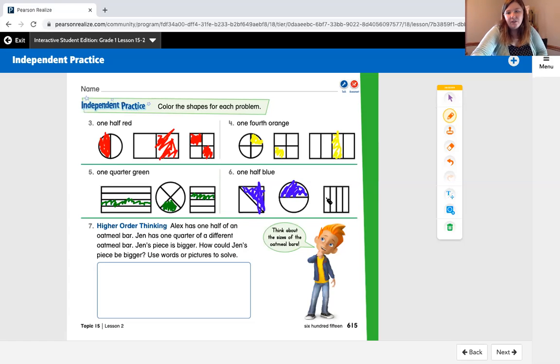This one has 4 sections, and I need to color half of those sections. How many sections should I color in blue? 2. I'm going to color in these middle 2. So half of this shape is blue now.